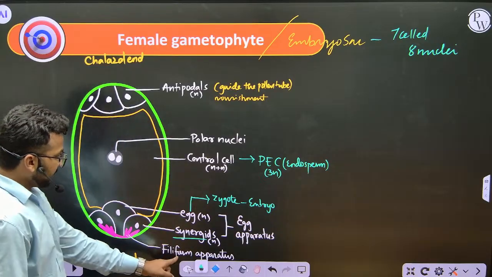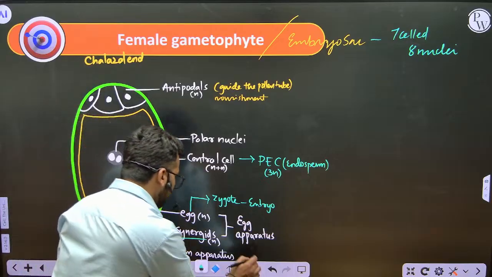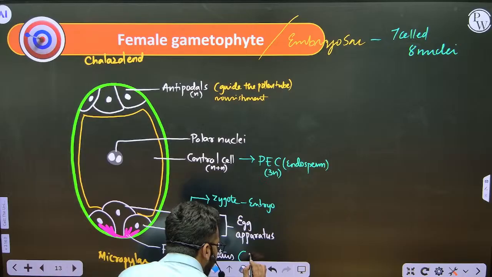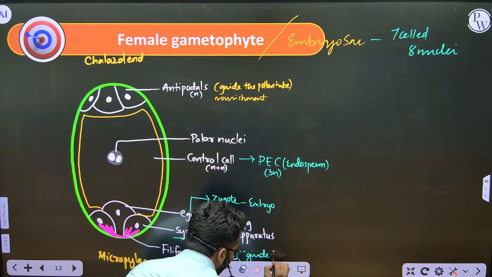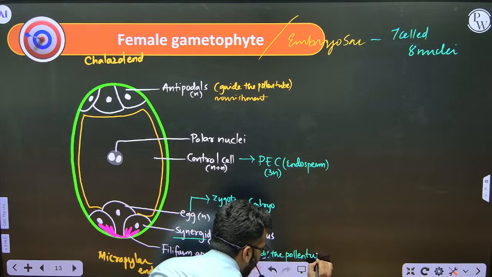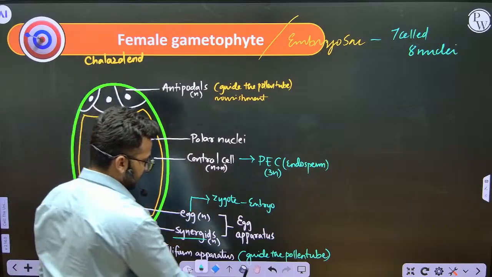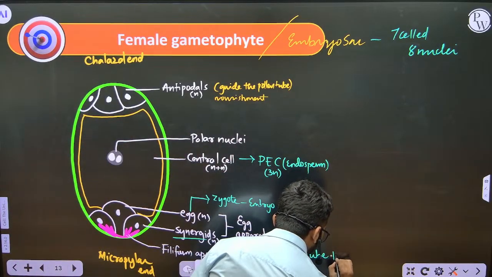But before that, the filiform apparatus is there. The function of the filiform apparatus is also to guide the pollen tube towards the synergids.